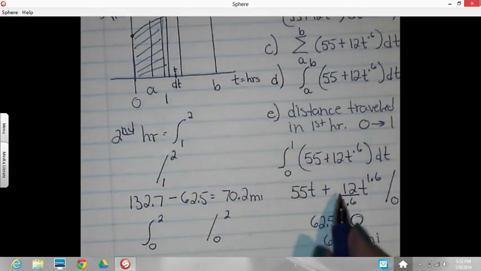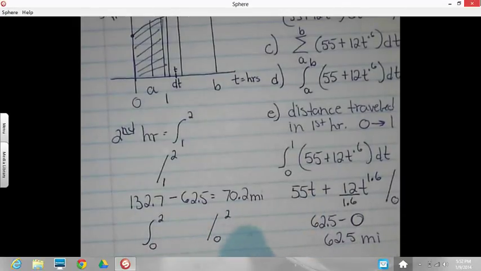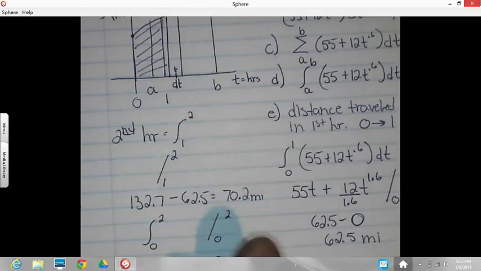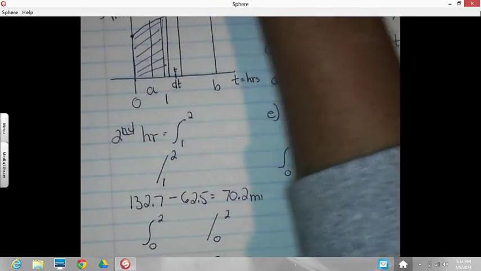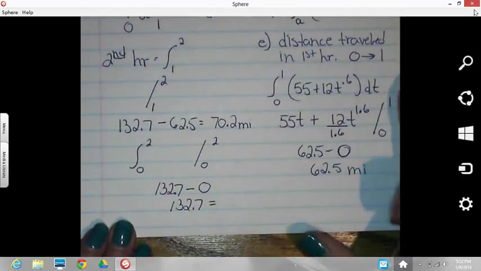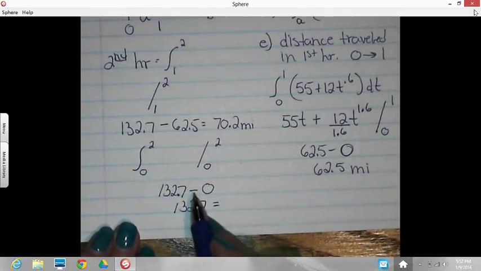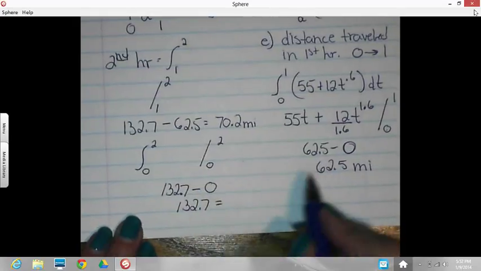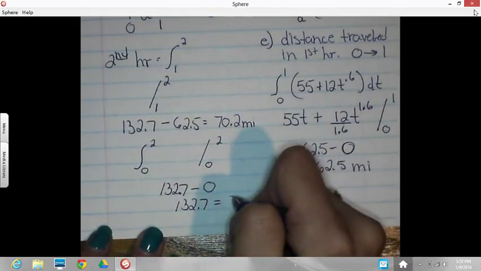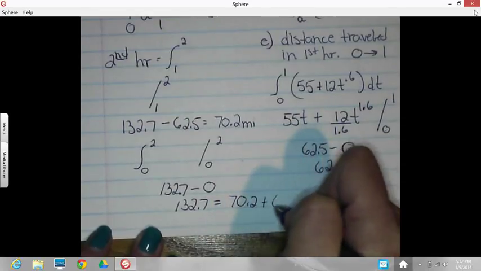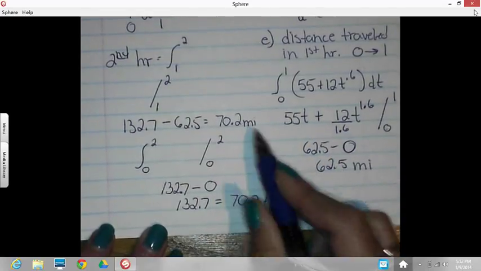The 2 came out 132.7. The 0 came out 0, so I get the 132.7, which does equal what I get if I add my two previous answers together.